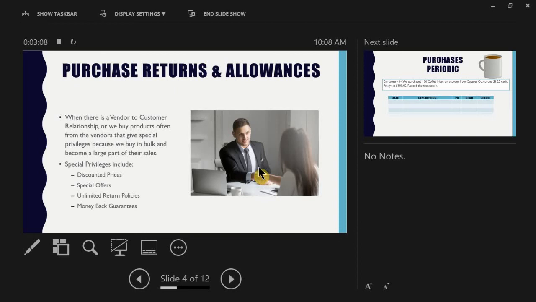Okay. Other special privileges could include even more discounts. They might even give you a lower discount price. Other things too, they can have a money back guarantee if you are completely unsatisfied. Special offers could include, if you purchase X amount of items, I will give you an additional discount.